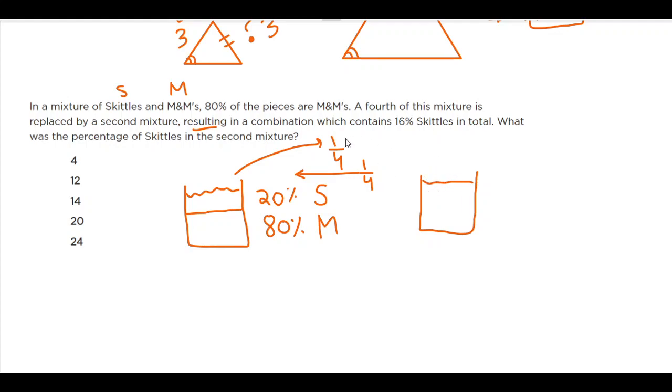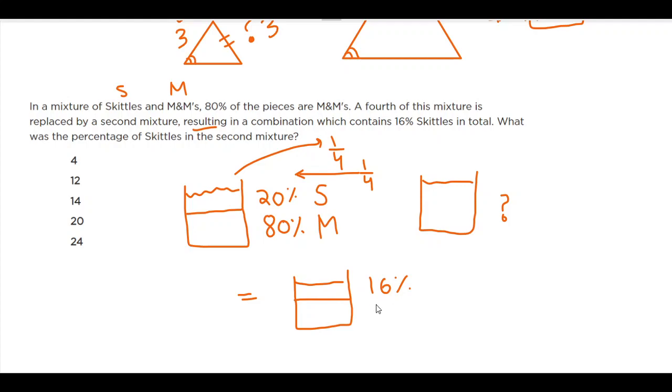The only thing I do know is that 1/4 of some completely unknown mixture was added into the previous mixture, and as a result it landed up with a new mixture which has only 16% of these S.